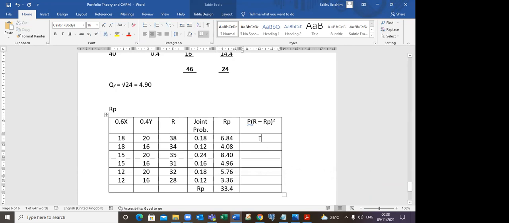So times the probability, times 0.18. That gives 42.69. Okay. The next one.